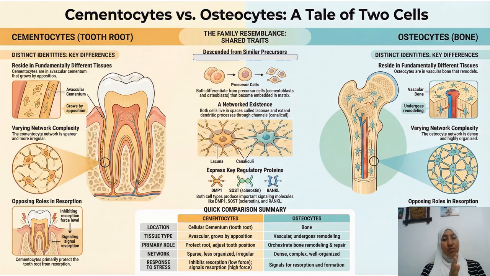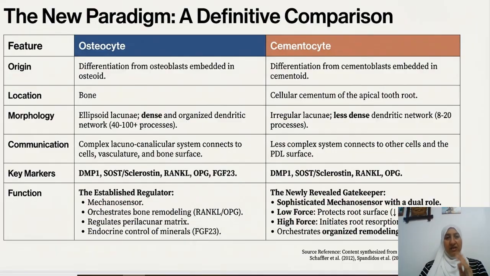Any applied forces will be reflected on these tissues by knowing well their cells. This is also a comparison table between both cells, which will also be discussed in the physical lecture.